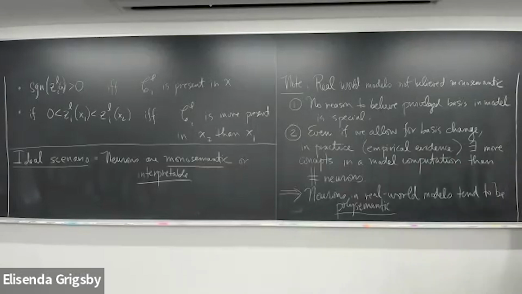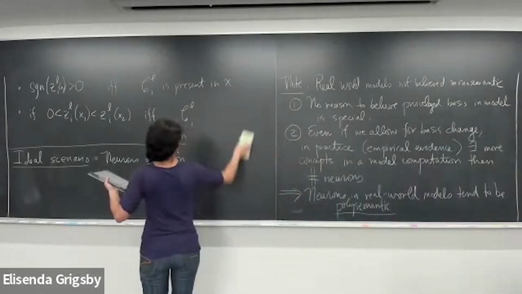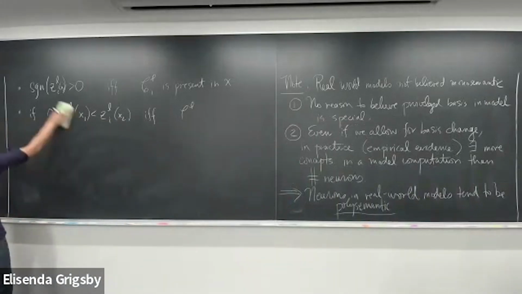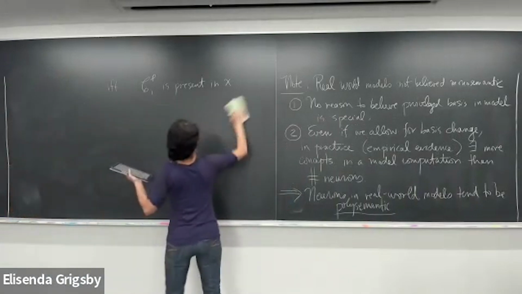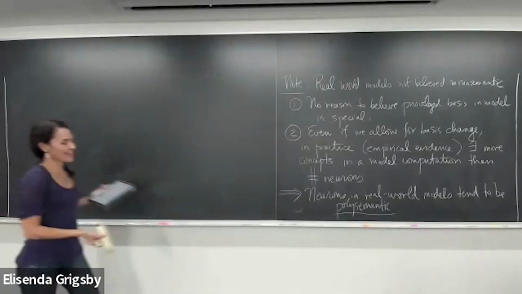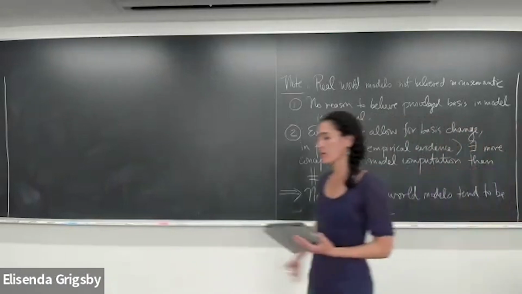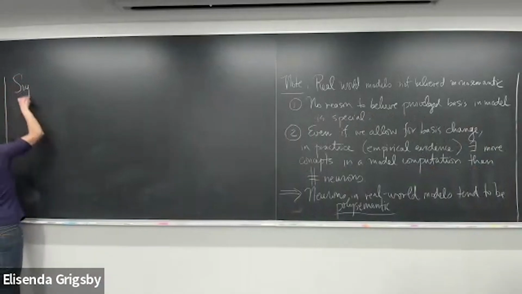So this is all background for setting up what I'd like to talk about for the rest of today, which is the superposition hypothesis. So you could think of the superposition hypothesis as being some way to understand how you might find a monosemantic model, how you might recover some kind of monosemantic or interpretable model from a real world model.